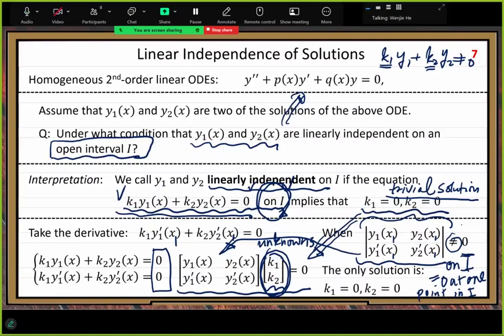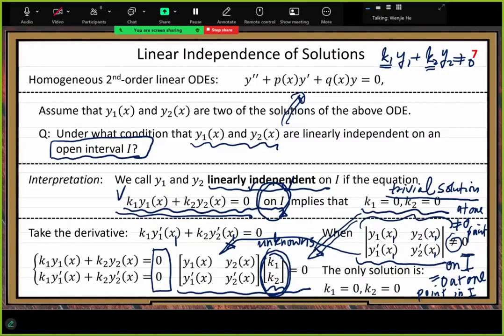When you look at the non-zero case, you only need this true at one point in I. But for the equal case, you need it equal to 0 on the whole I. If it's not the whole I, then you can find a point where it's not equal to 0, right? So this place is very confusing.